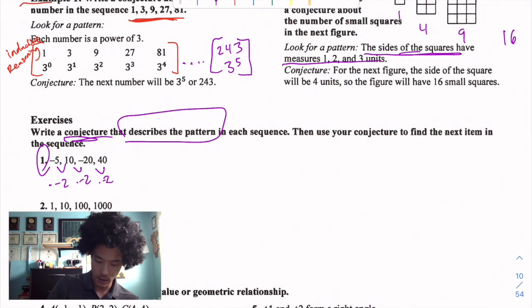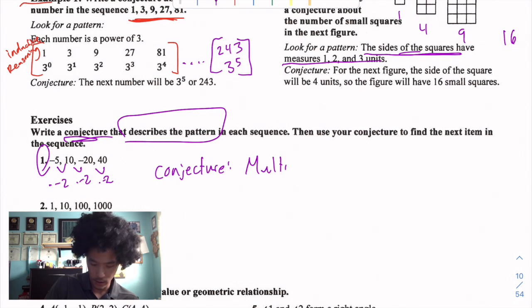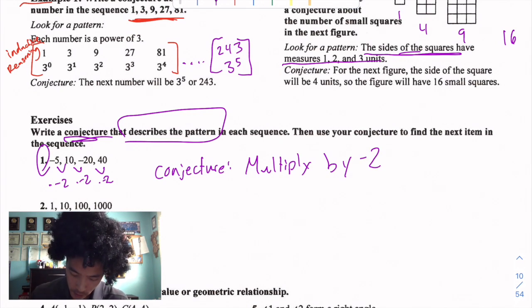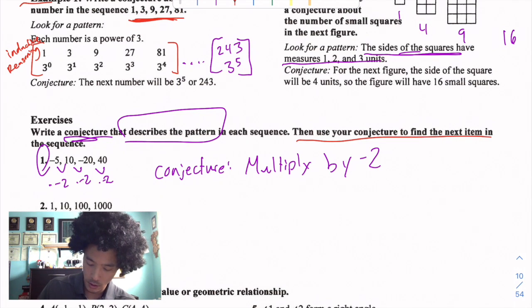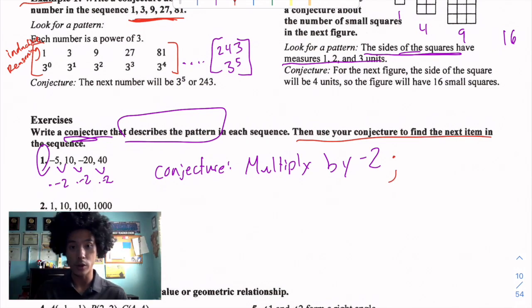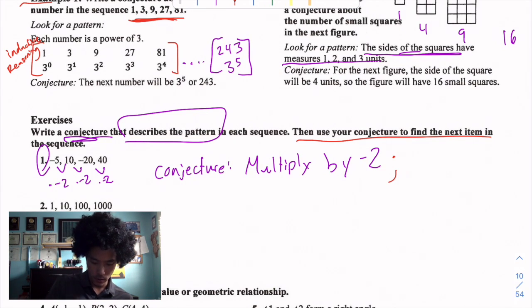In this case, your conjecture is multiply by -2. And then your next step says, use the conjecture to find the next number in the sequence. In this case, times it by -2 again. -80. Boom, easy.